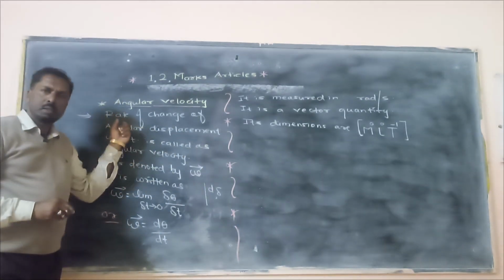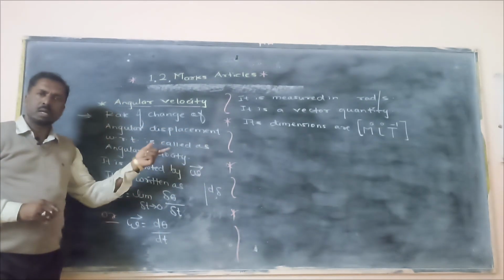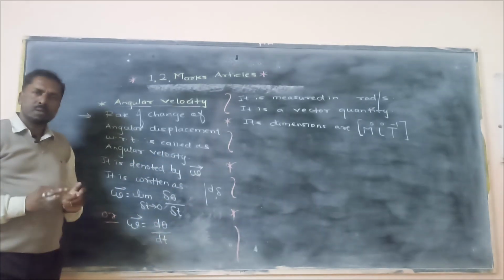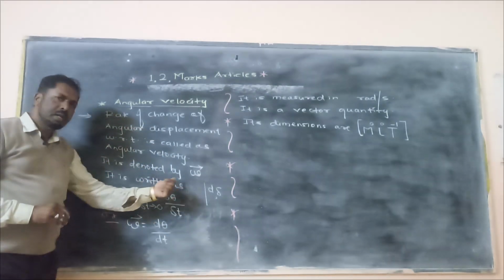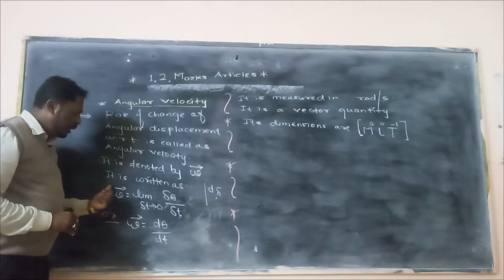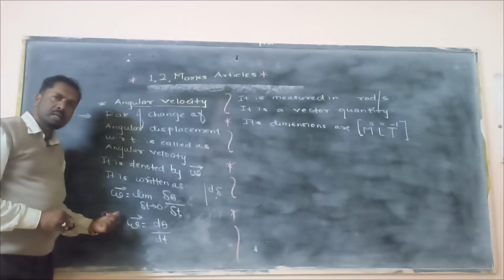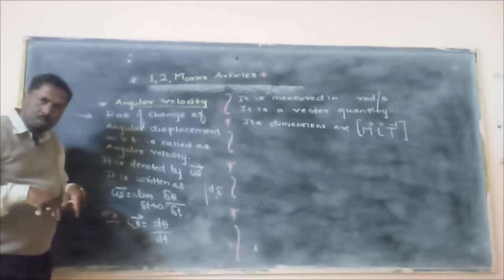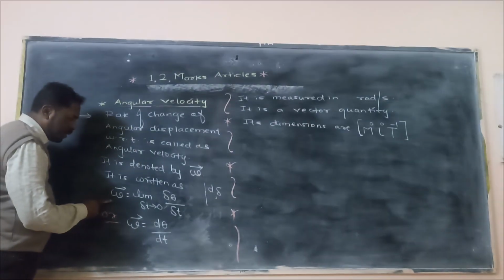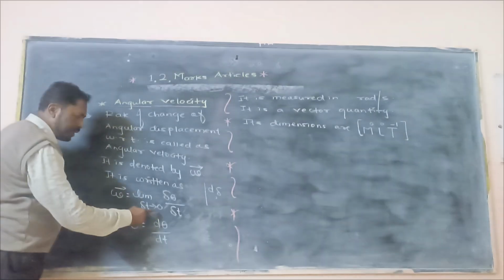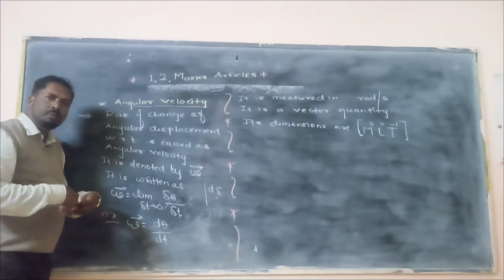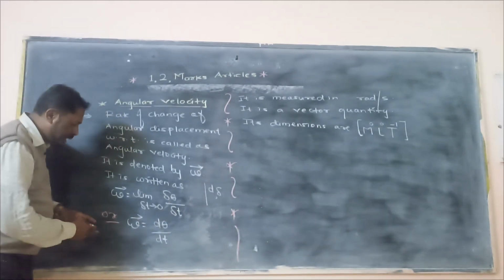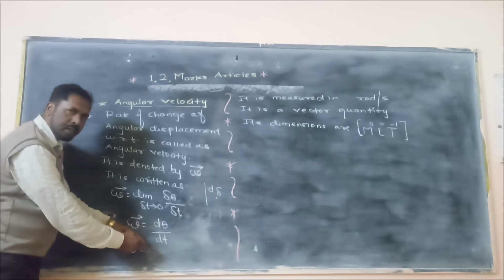What we can say about angular velocity? The rate of change of angular displacement with respect to time is called angular velocity. It is denoted by omega. Mathematically, in the form of delta, omega is equal to limit delta t tends to 0 delta theta by delta t. In the form of d, omega is equal to d theta by dt.